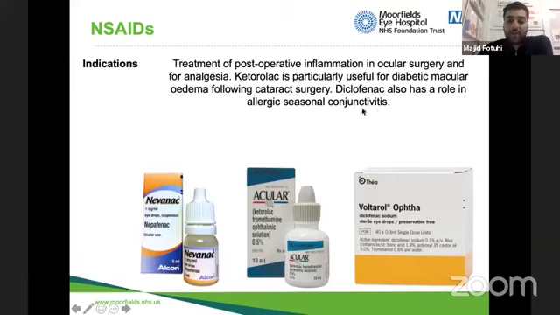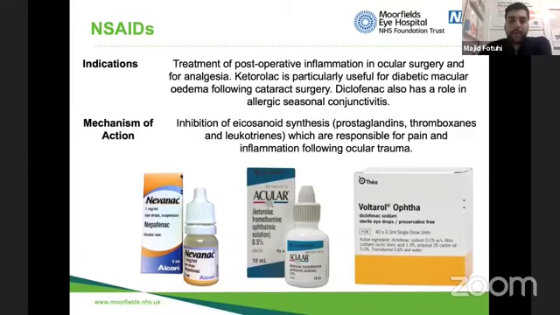Diclofenac is also used, and has a role to play in allergic inflammation, so allergic seasonal conjunctivitis. The way these drugs work, they inhibit the synthesis and production of eicosanoids, and these include the prostaglandins, thromboxanes, and leukotrienes. These are inflammatory mediators which are responsible for the pain and the inflammation that occur after trauma.